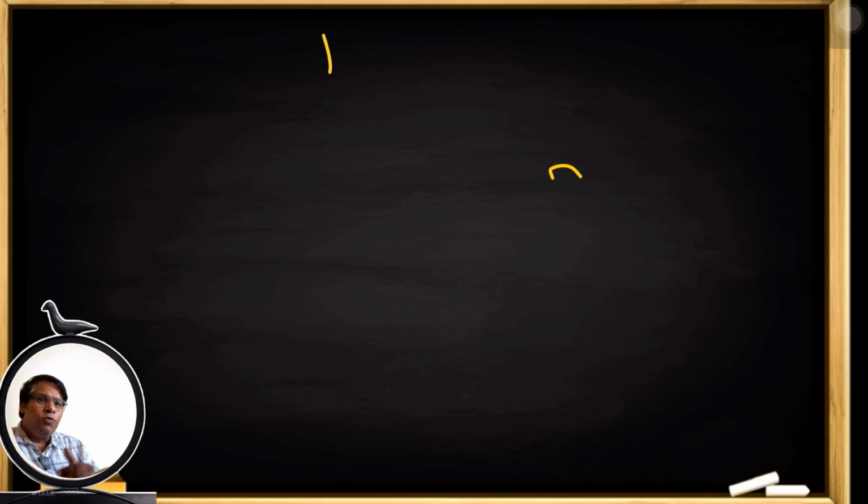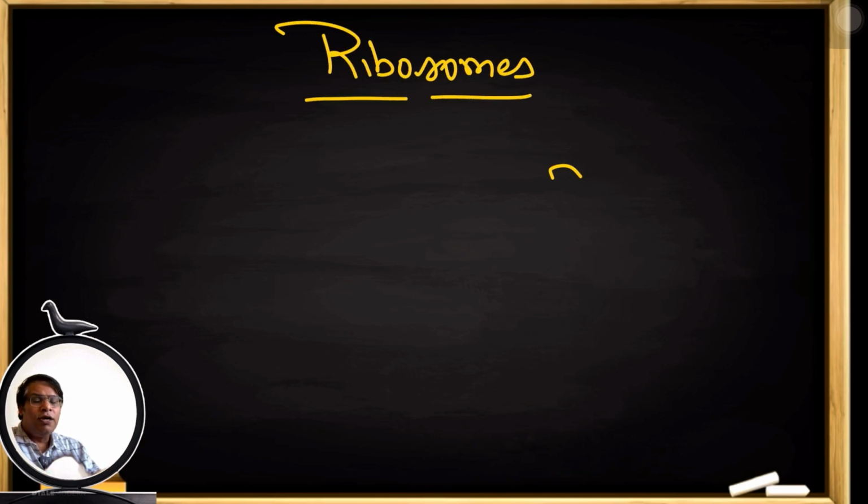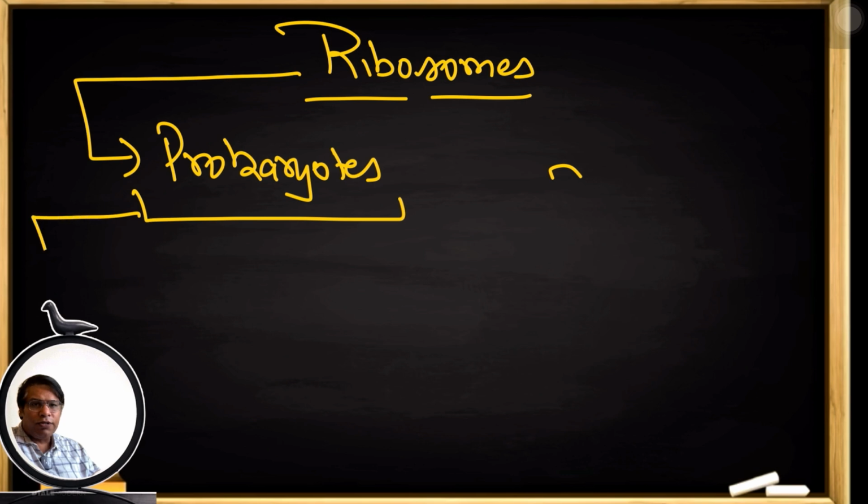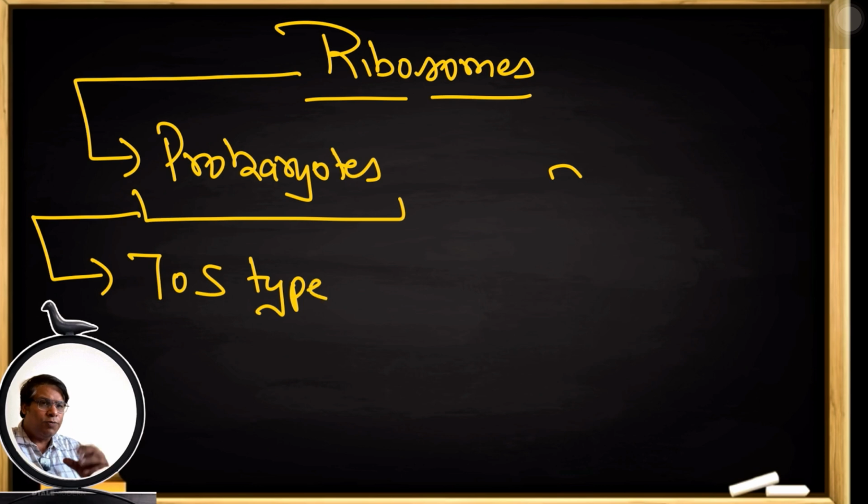Now let us move to the next point, a very important point, type of ribosomes. Hopefully you know ribosomes are involved in translation, the protein synthesis process. Now keep in mind, in the case of prokaryotes, you are going to see 70S type ribosomes.